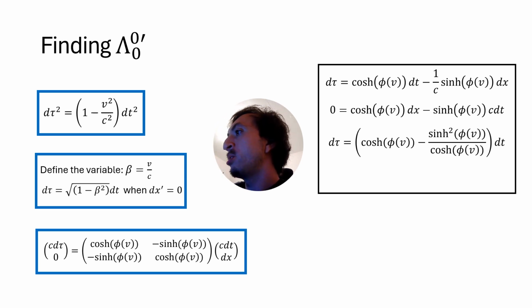We're saying sine squared of phi is not sine of phi, it's just sine of phi all squared, similar to when you have sine squared theta, but thinking of the Euclidean version. So now we have an equation relating d tau and dt.